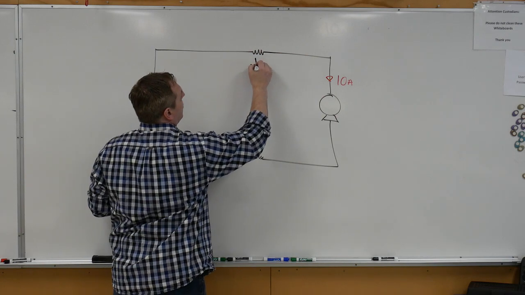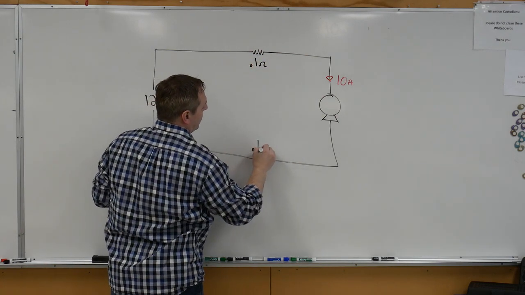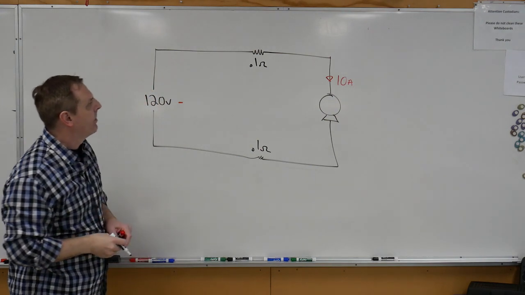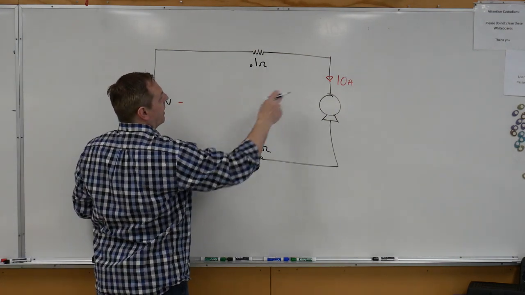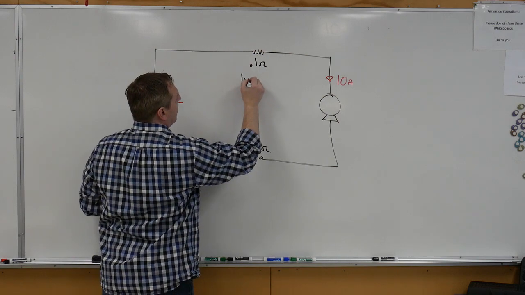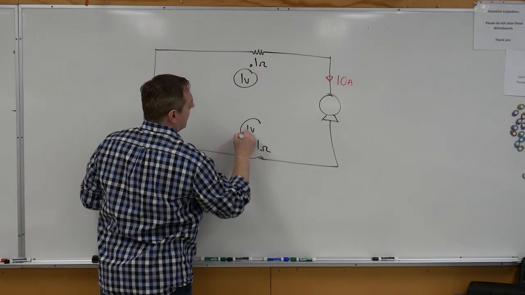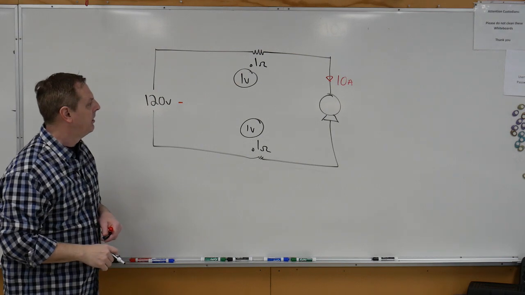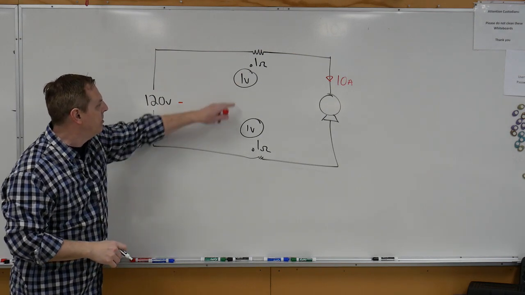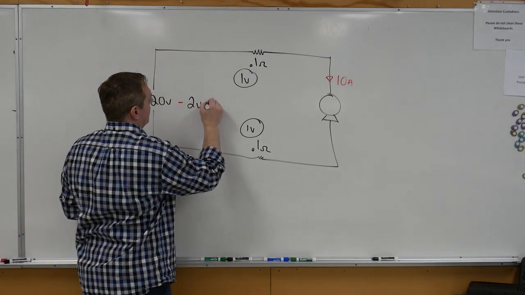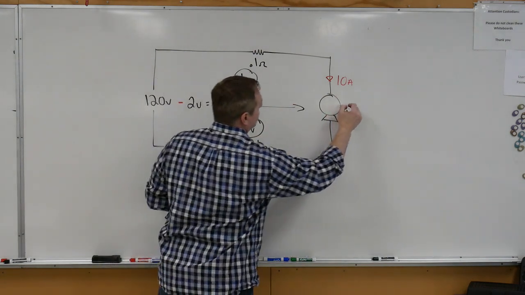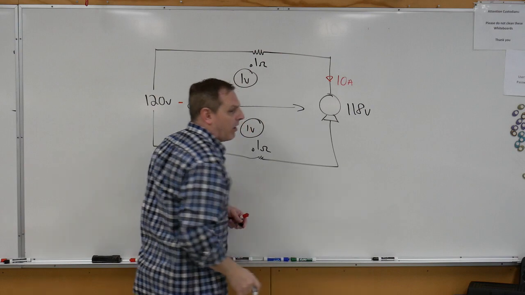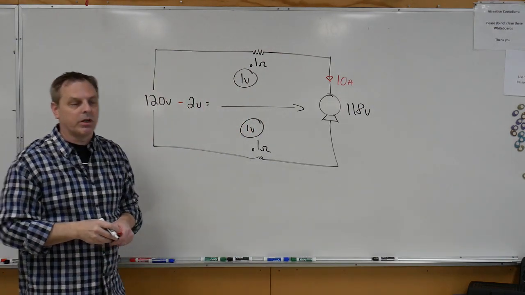So we'd have, let's say, 0.1 ohms here and 0.1 ohms there. Our line drop in this case is going to be the 0.1 ohms times the 10 amps, giving us 1 volt there and 1 volt down here. 120 subtracting the 2 volts will give me a voltage at the load of 118 volts. That's far better than the 100 volts that we originally had.